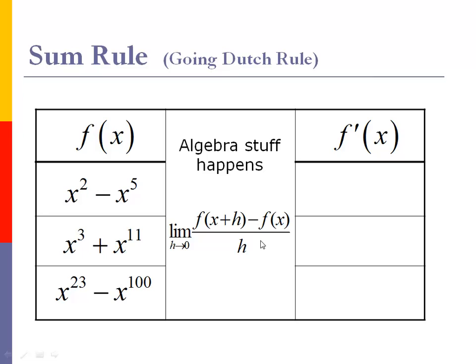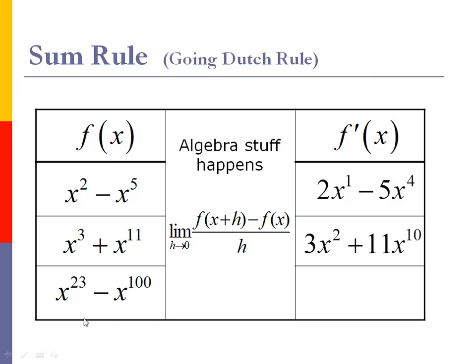Then we divide out the h, and do the limit by plugging in 0 for h. And when we do all that algebra, we end up with 2x to the 1st minus 5x to the 4th. And if we do it to x to the 3rd plus x to the 11th, we end up with 3x squared plus 11x to the 10th.